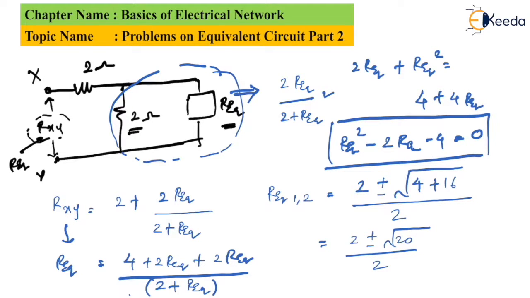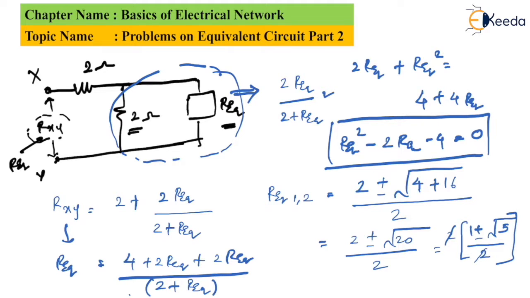If I take 2 common, it will be 1 plus minus under root of, if I take 2 common, then from the root I'll be taking 4 common. So what remains inside is 5 divided by 2. So this 2 and 2 get cancelled.